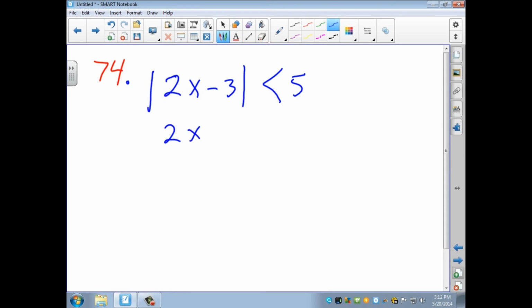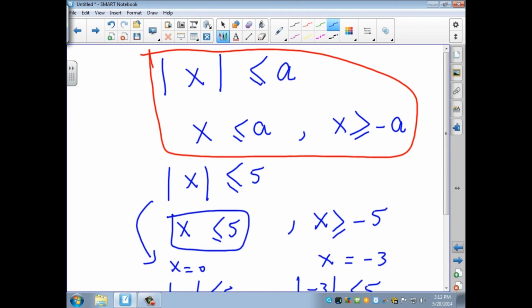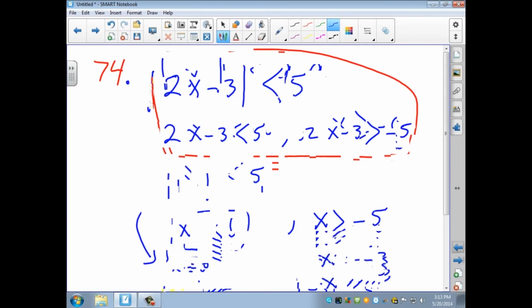Therefore, 2x minus 3 is less than 5, and 2x minus 3 is greater than minus 5. Right? Isn't that what we had on previous pages? When it is less than, x is less than or equal to a, and greater than or equal to minus a. So less than, and greater than negative 1.